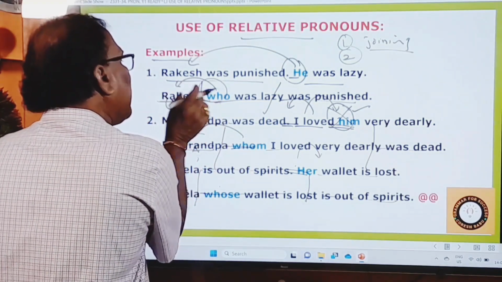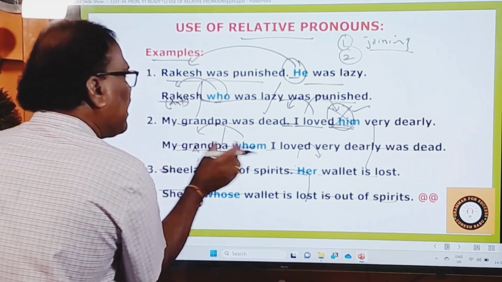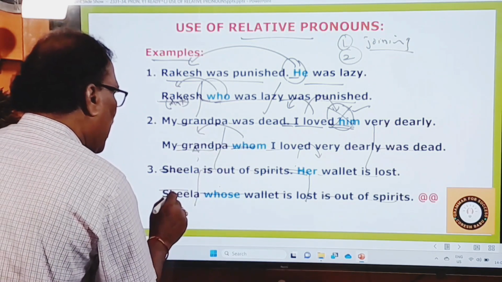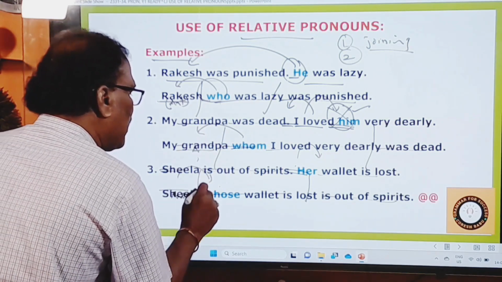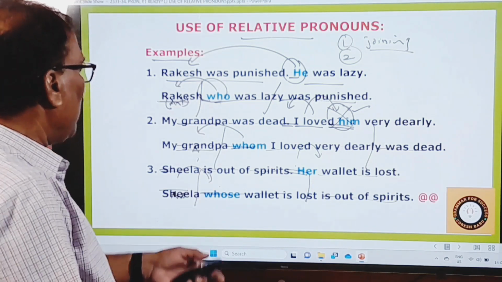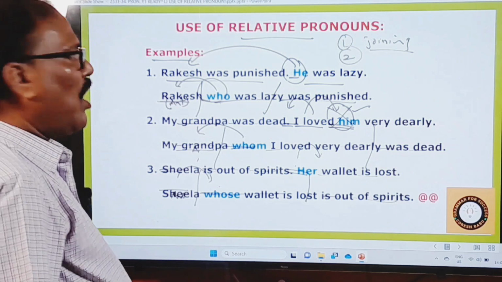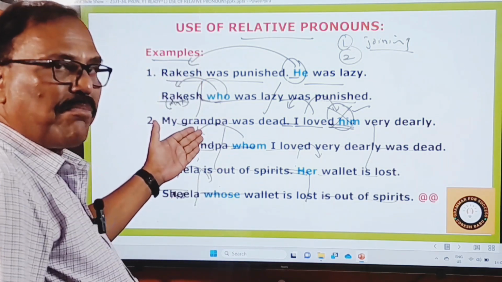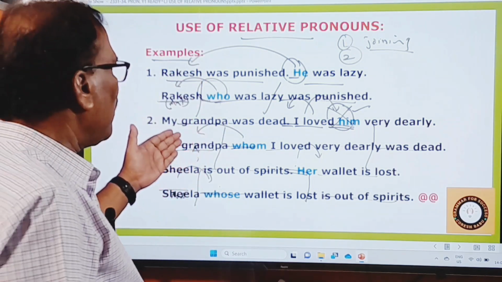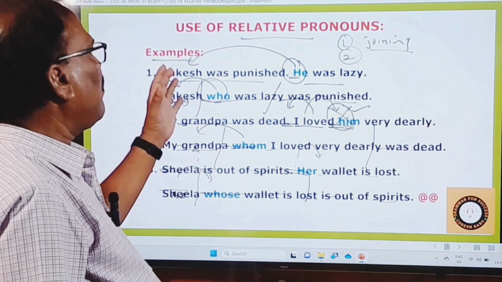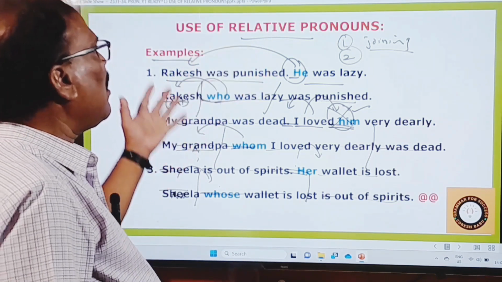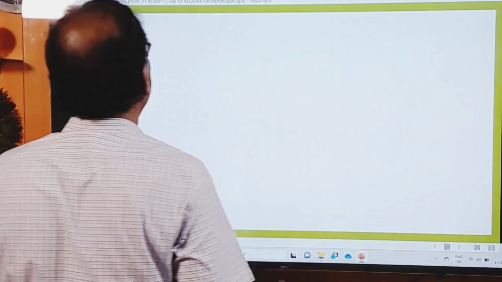Rakesh is the antecedent of who, grandpa is the antecedent of whom, and Sheila is the antecedent of whose. So Sheila, grandpa, Rakesh are called antecedents of these relative pronouns. Point is clear, I think, right? So this is how we have to join the two sentences together using the relative pronouns.